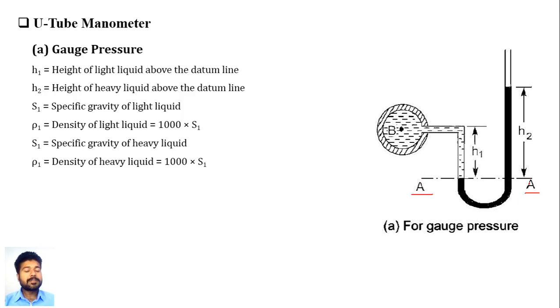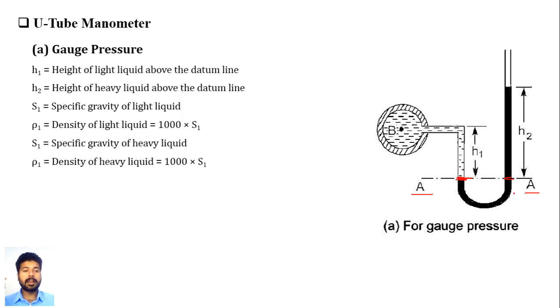And the meaning of this datum line is that, as per Pascal's law, the pressure intensity at a horizontal level is always the same. So on this horizontal level line, the pressure intensity is the same. You can see the change in the two fluids in the left limb, passing through line AA.